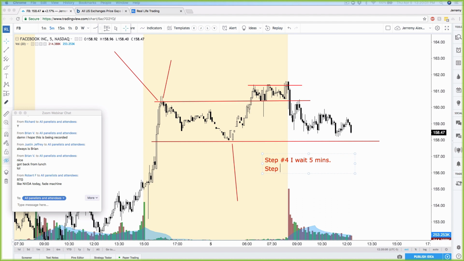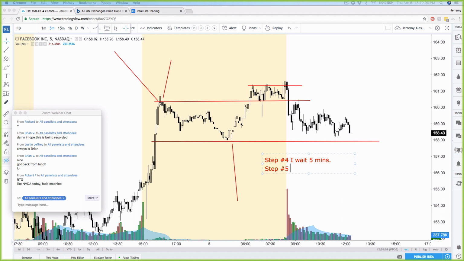Step number 5, I love it if there is some buying on the first 5-minute candle. Long lower shadow, black candle or white candle.